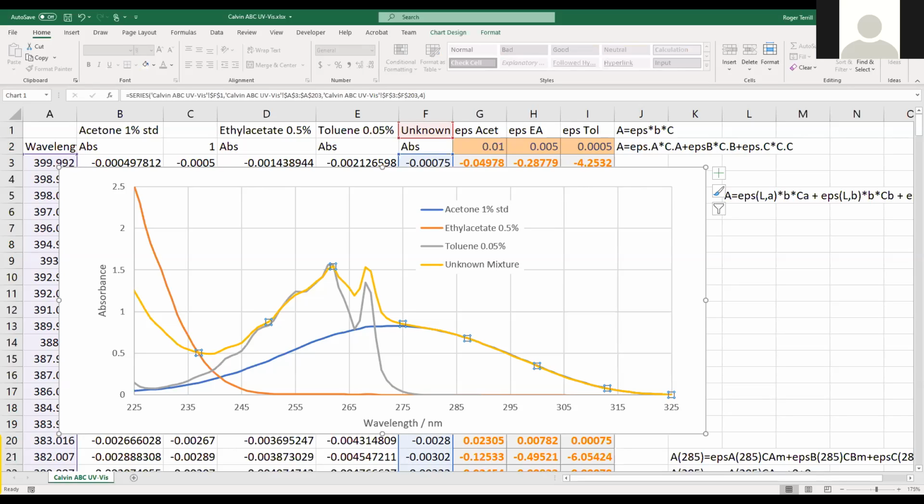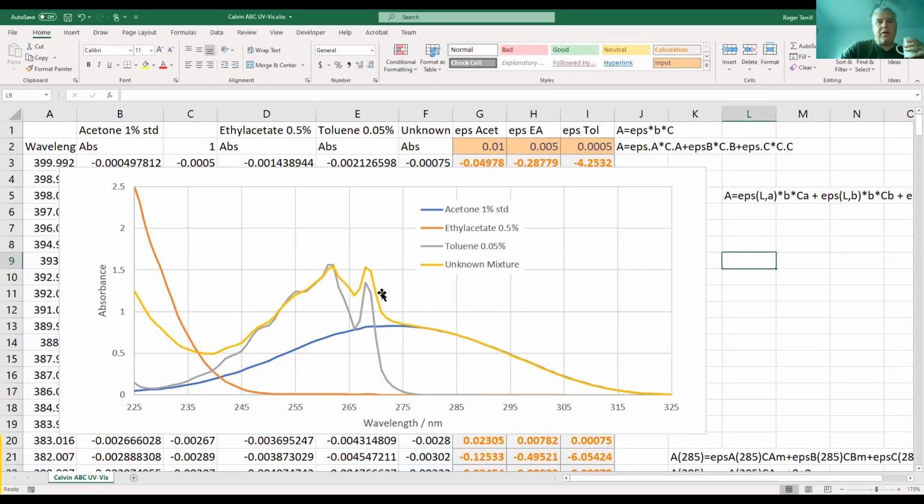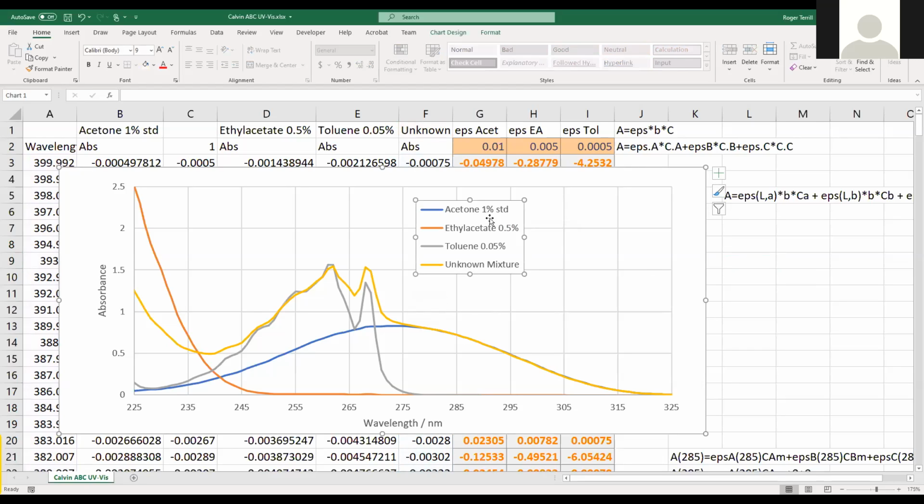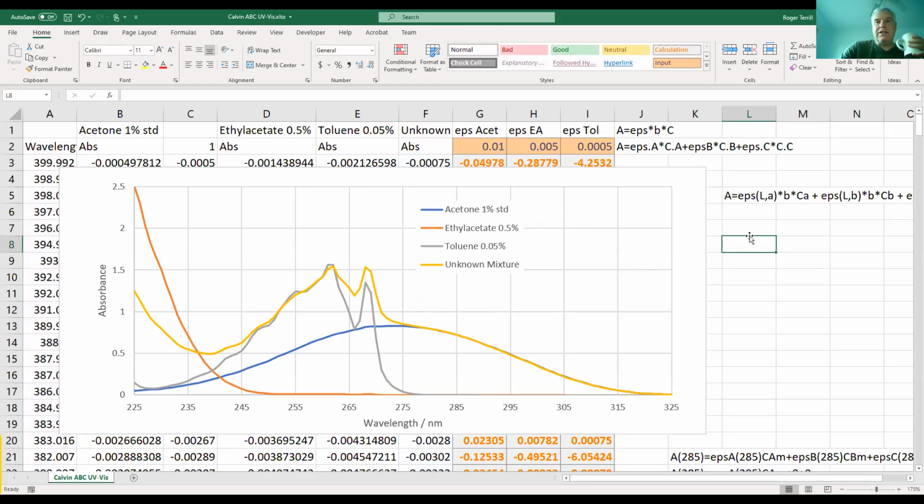If I remember, it's only 1% acetone? Mm-hmm. Exactly. So this spectrum here is representative of a mixture that has 1% acetone. Oh, that's really small on my screen. Sorry, I have a big screen here.